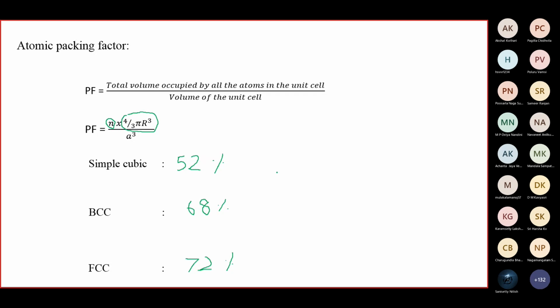It plays an important role when we choose it for a device. This electrical conductivity depends on what factors in a crystal? There are some general factors that affect all types of crystals.